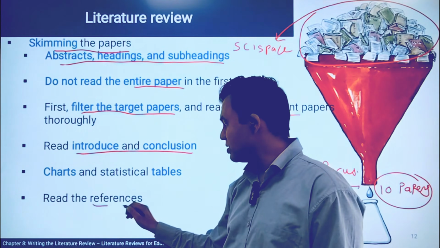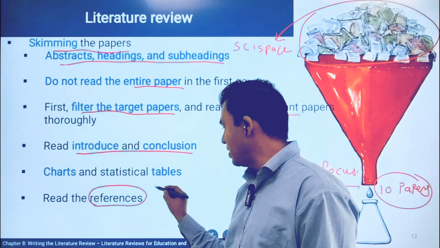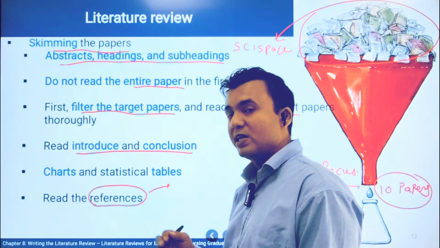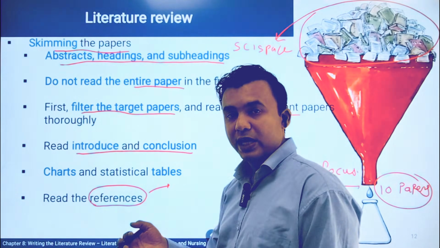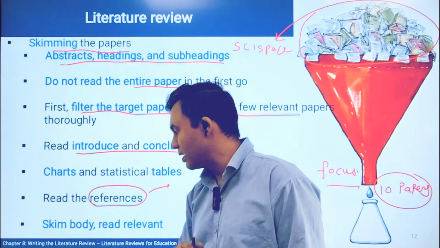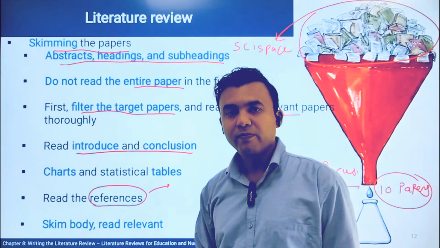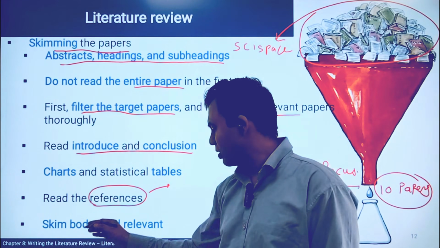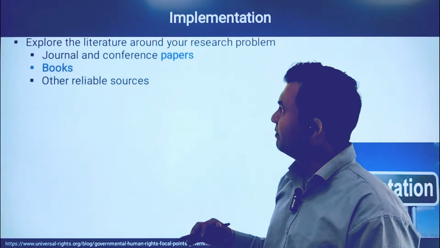Read the references. Sometimes if the references are good, it means the paper is really good, because he or she is referring to great journal articles, which means the quality of the work is maintained. Skim the body and read relevant information.